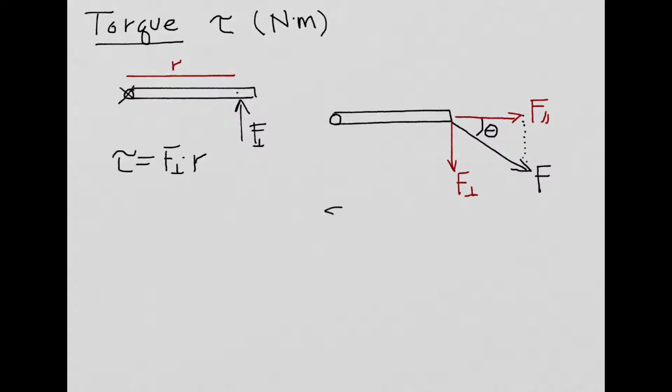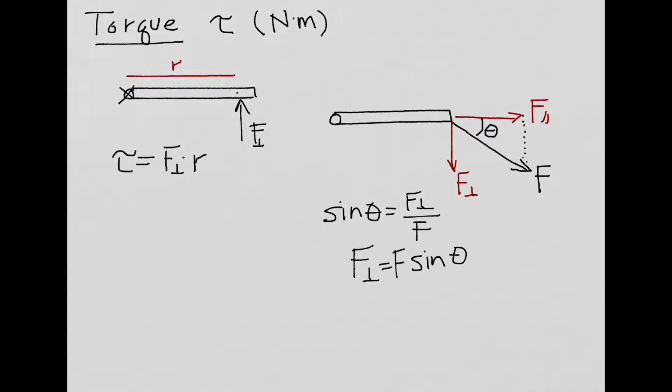Well, the sine of theta equals the opposite, F perpendicular, over the hypotenuse, F. So therefore, F perpendicular equals the sine theta times F. So in this situation, we can calculate the perpendicular force by using the sine.